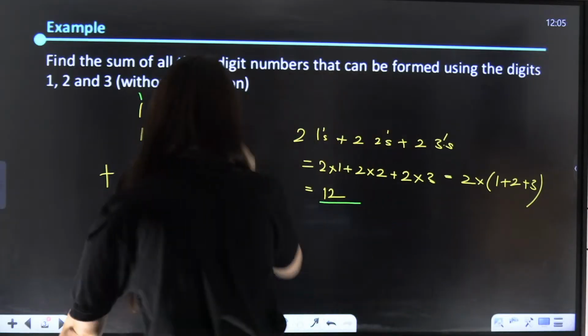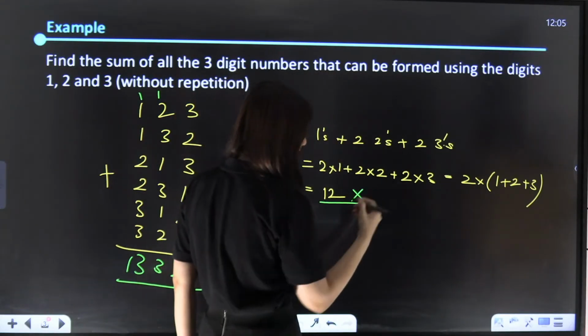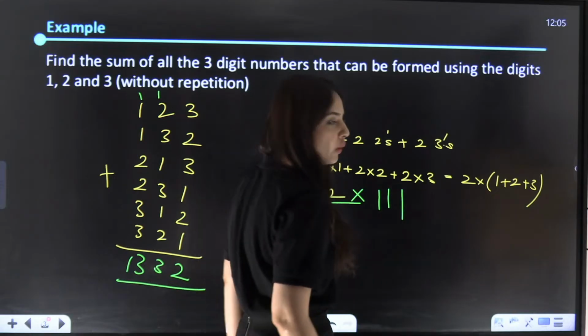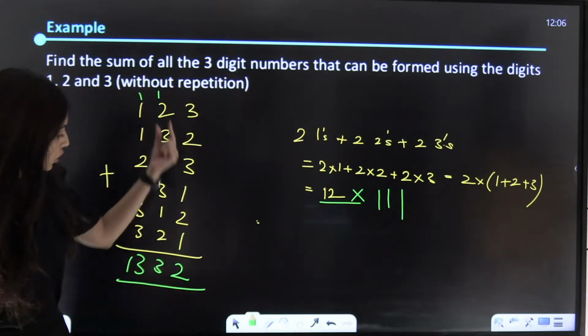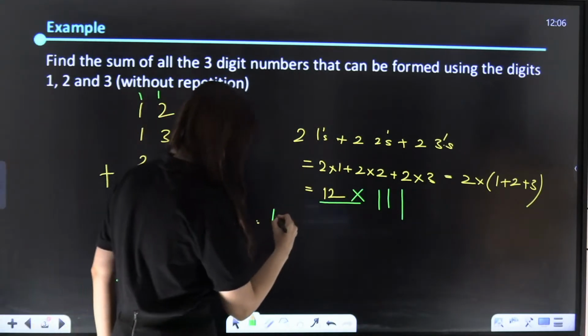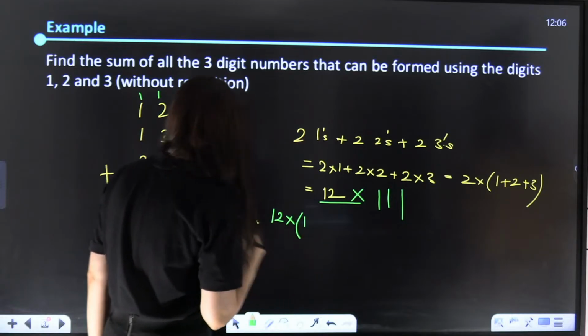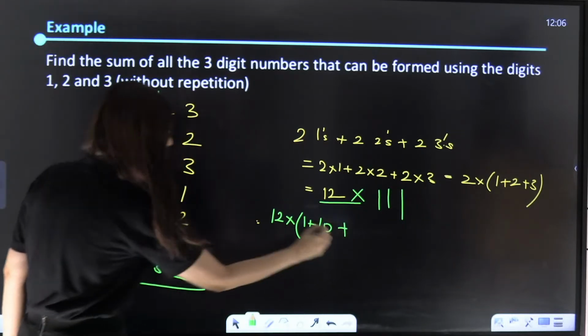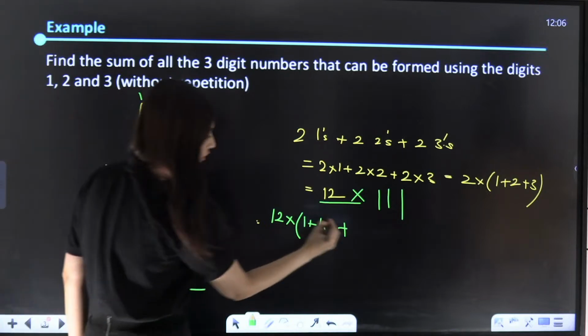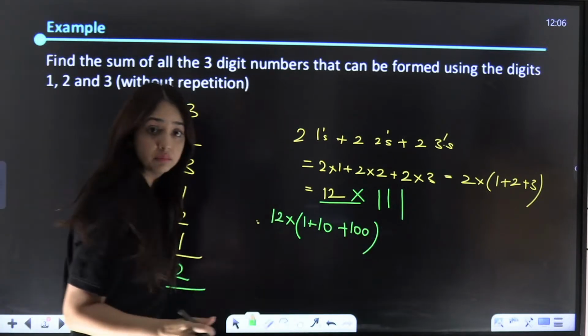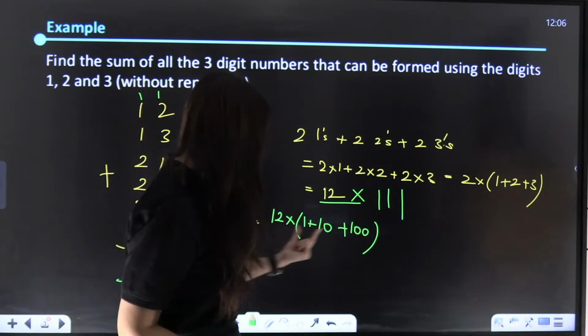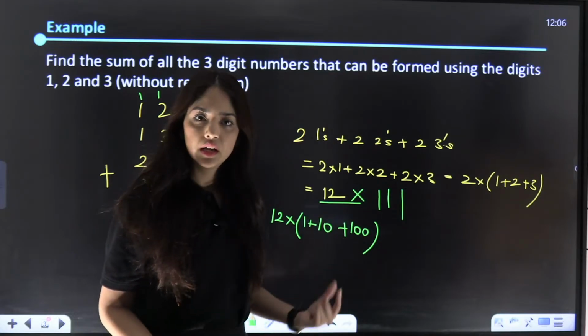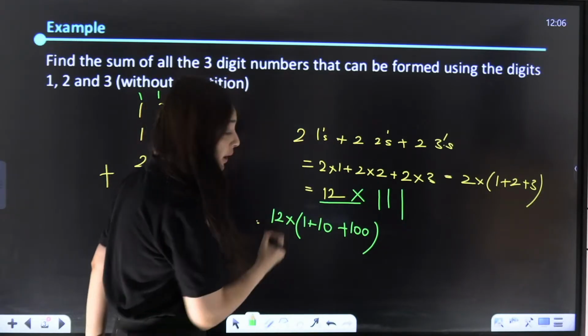We had 12. We just had to multiply it by 111, right? 12 into 1 plus 12 into 10 plus 12 into 100. For each column, for each digit, we had to do this, right? Now where did we get this 12 from?